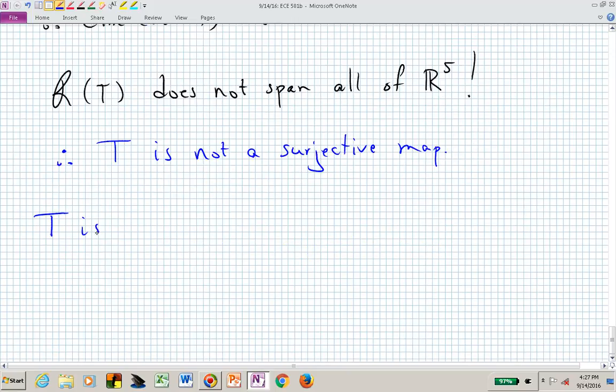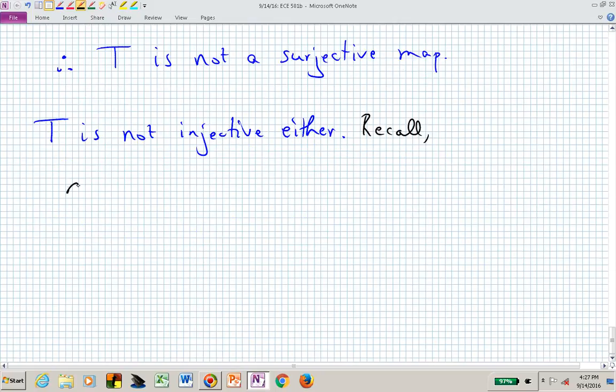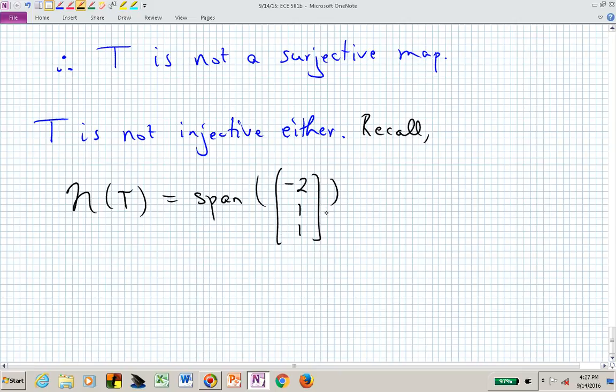Also, T is not injective either. And this is what we've already seen before. Recall that we talked about this example before where the null space of this linear map T was actually spanned by this column -2, 1, 1. What does that mean?